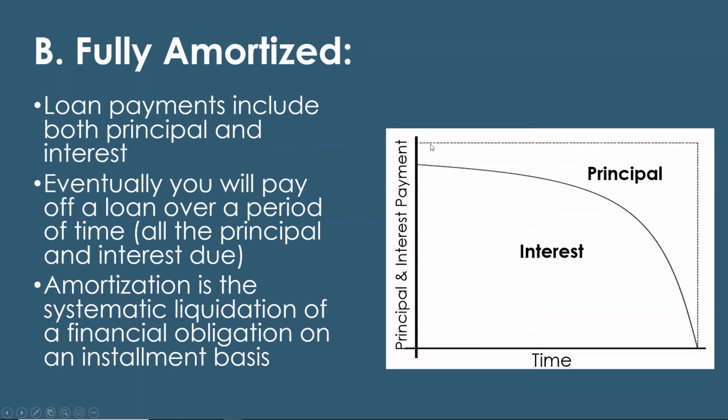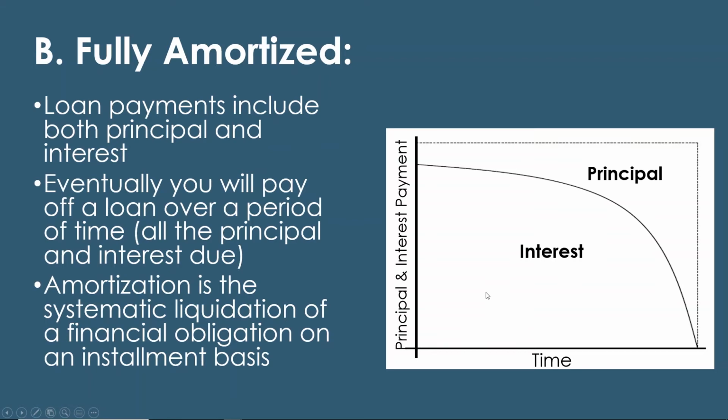So when you're paying this amount, let's just say it's $1,000 a month, your first month payment will be pretty much all interest, but you'll have a little bit of principal reduction. But as you get to maybe the 30-year mark, your last payment will be pretty much all principal and very little interest. While you pay it off, the lender is collecting their interest.